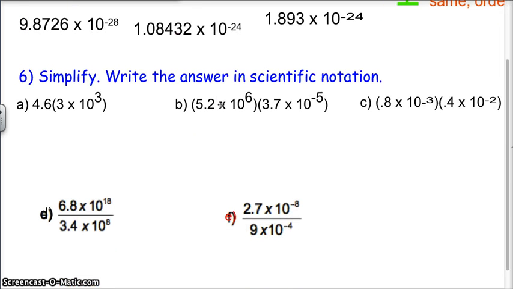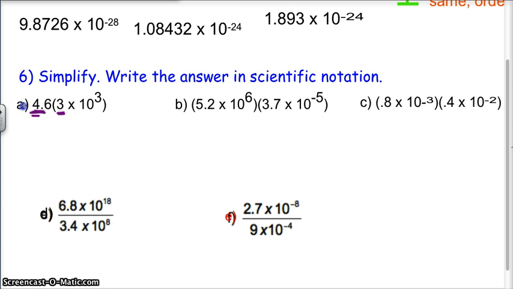Simplify. Write the answer in scientific notation. Grab a calculator. Be careful with your calculator here, though. I think it's going to be harder to type it in as you see it. You know exponent rules, so use them. This one here, a normal number times a normal number.